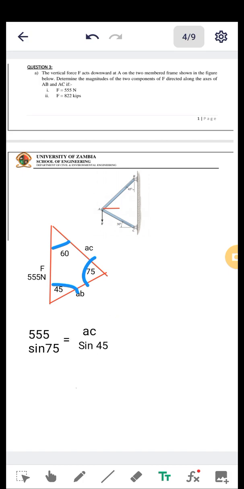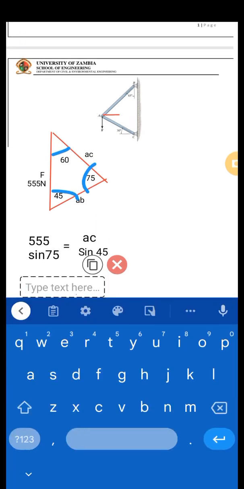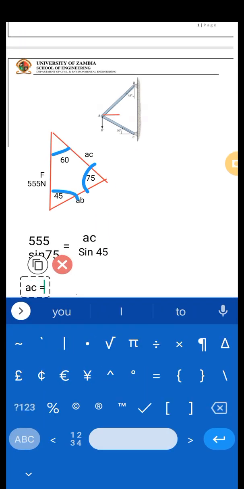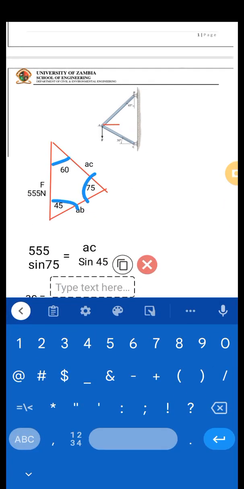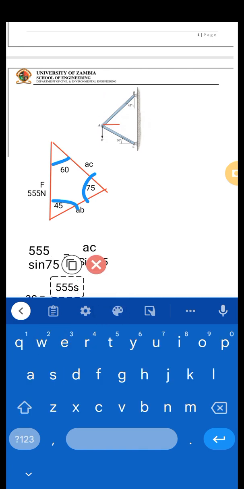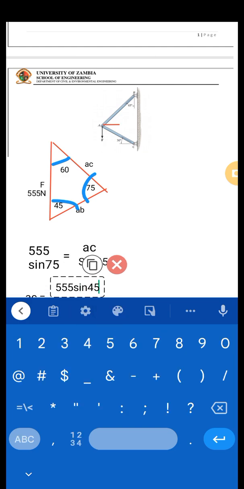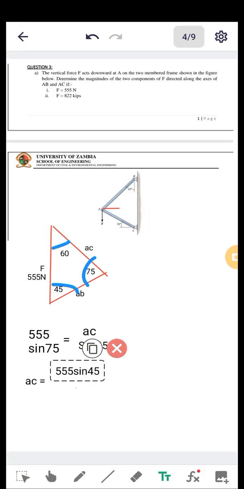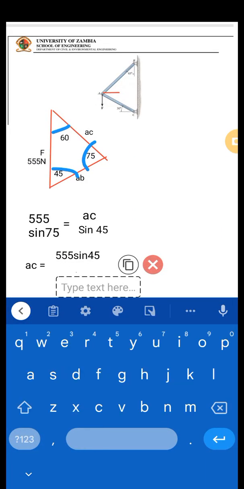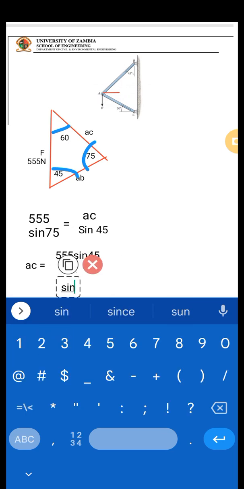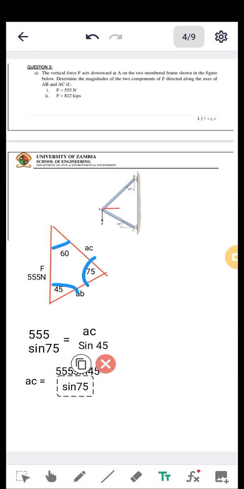Now we can find AC. Our AC will be equal to 555 sine 45 over sine 75.